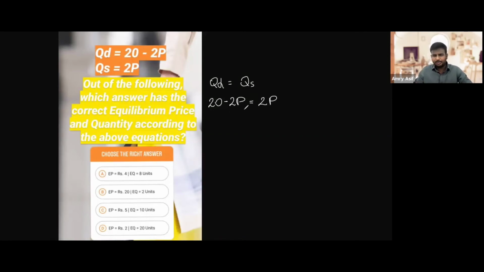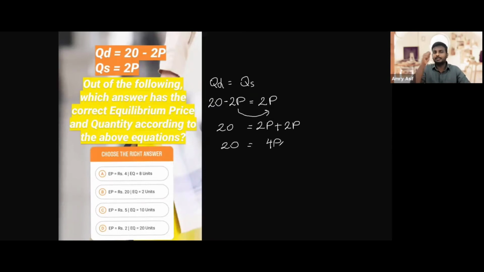And to do that, we have to bring the p's to one side of the equation. So we take this minus 2p and bring it to the other side of the equation. So it's going to be just 20 on one side, and on the other side, 2p plus the 2p that came from the other side, right? So it's going to be 4p equals 20.